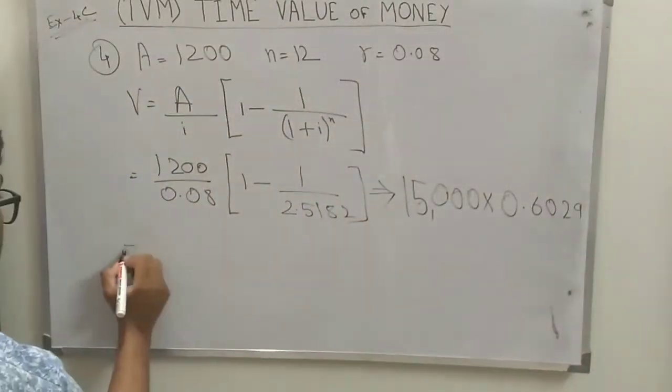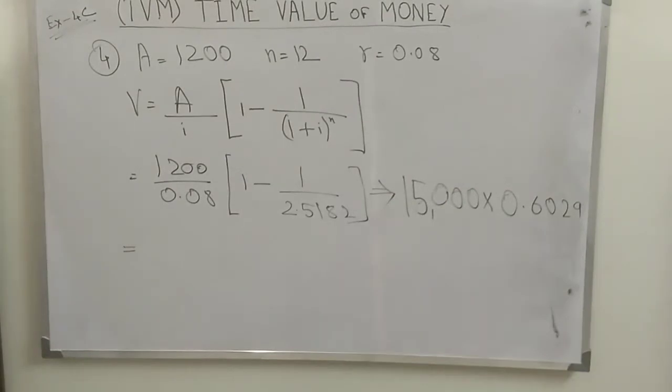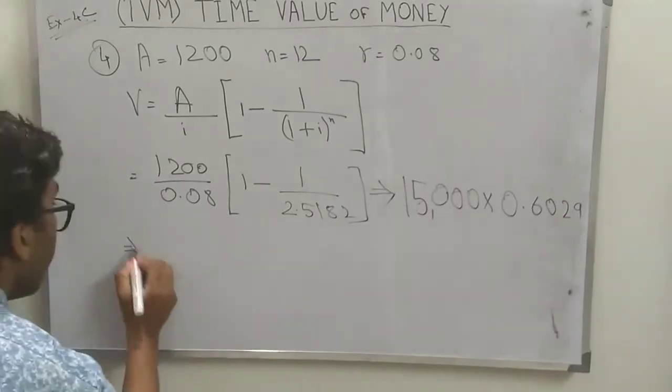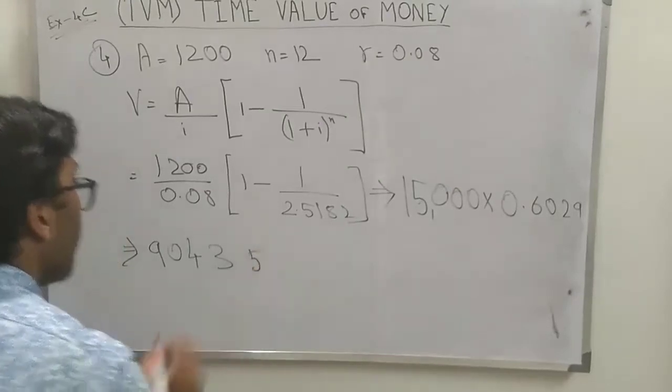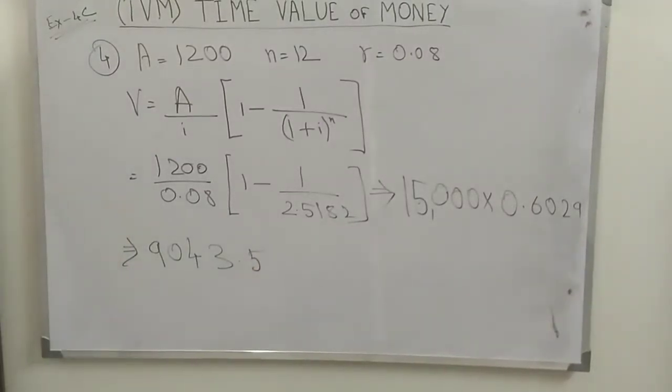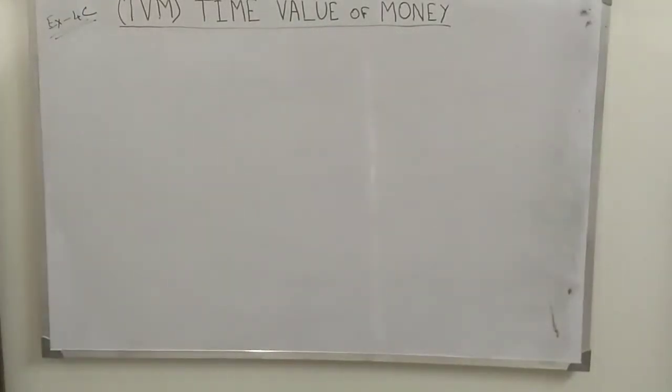Multiply 0.6029 with 15,000 and the value is 9043.5. No option is matching, that means it will be option number D. Now question number 5. In question number 5, A is rupees 100.